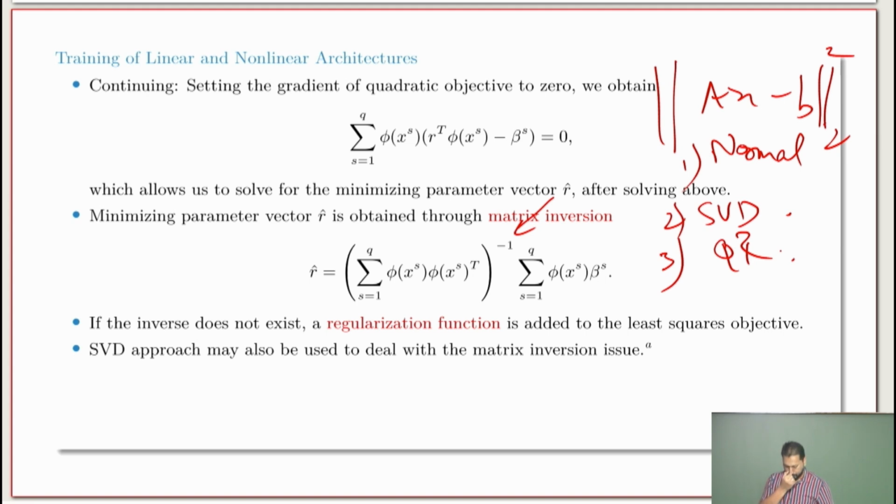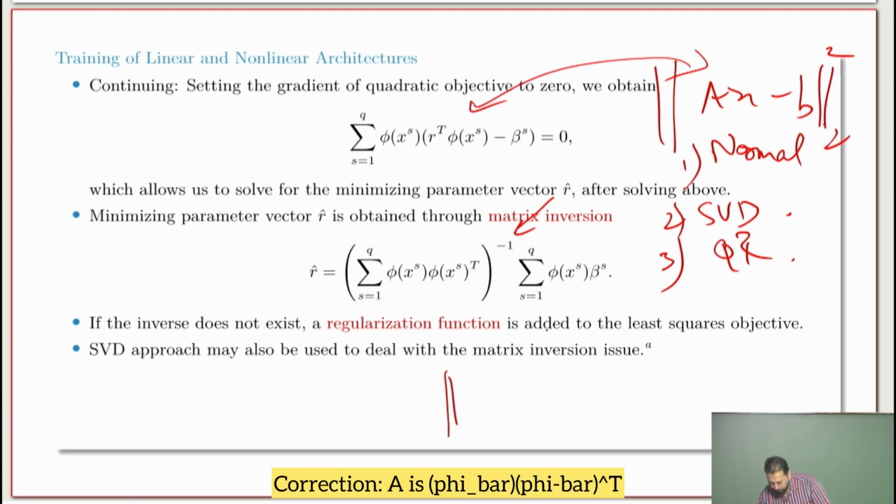All right. Another way to see this, as I said, is that we can always write it in the form Ax minus b, where A is our phi bar, x is our r, and b is our beta. How do I define phi bar?